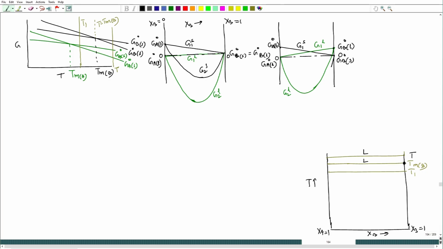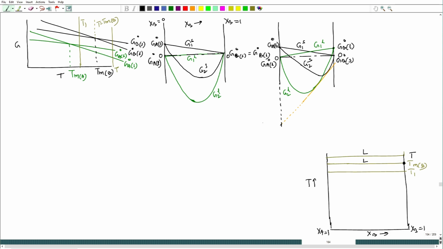G2 of solid would be this one. Now, we see we can actually have a common tangent. So, the common tangent let me draw, and this common tangent will meet somewhere on this axis.